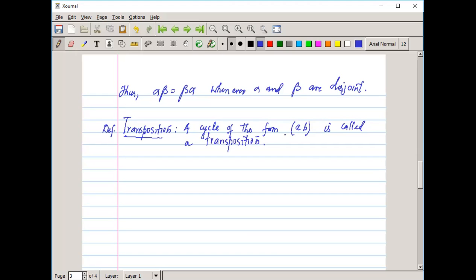So a cycle of the form where A goes to B and B goes to A and everything else remains fixed, this kind of permutation is known as a transposition. We also need one more definition: length of a cycle.